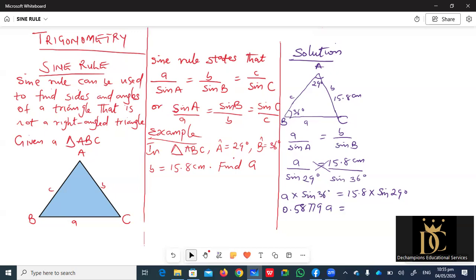So it is equal to 15.8 times sine 29 from our calculator. Sine 29 is 0.48481.